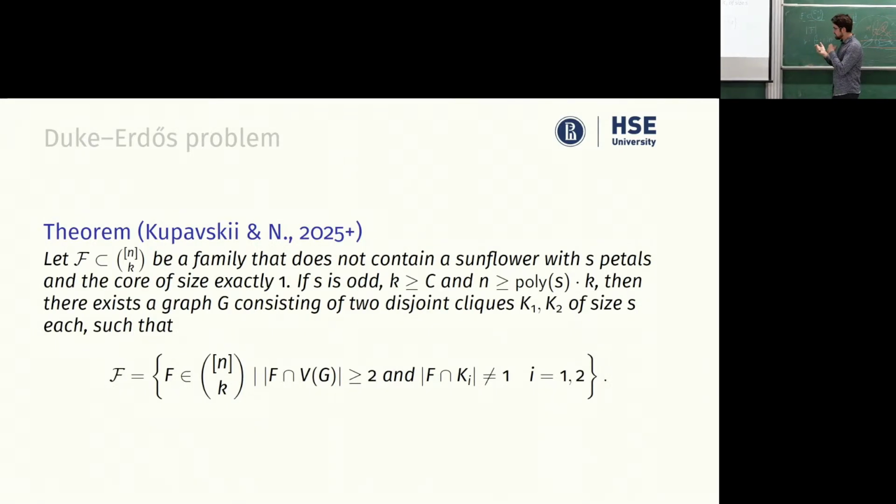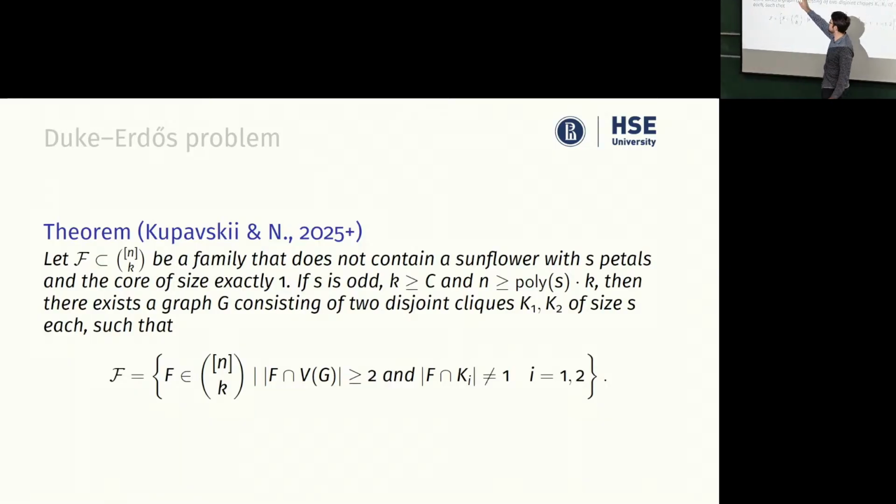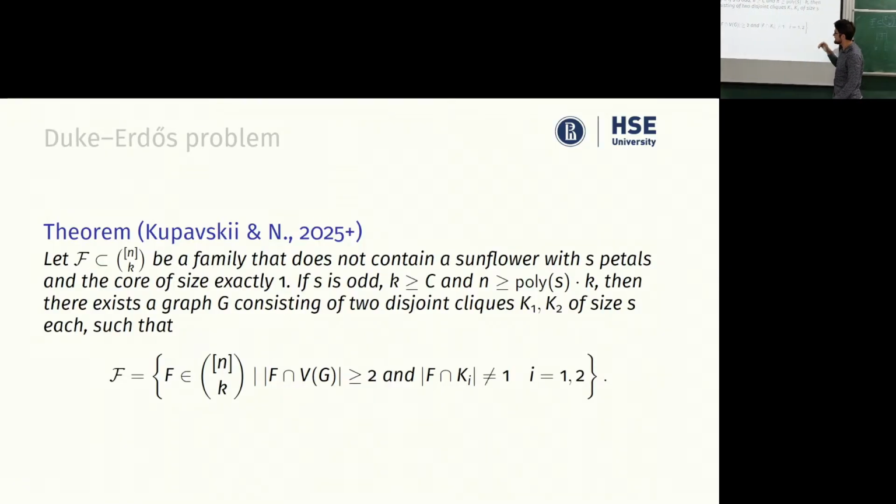When I said that there exists some extremal set theory problem that determines the structure of extremal families in the Duke-Erdős forbidden sunflower problem, it is impractical, because I didn't provide this low-dimensional extremal set theory problem that allows us to solve the Duke-Erdős problem.